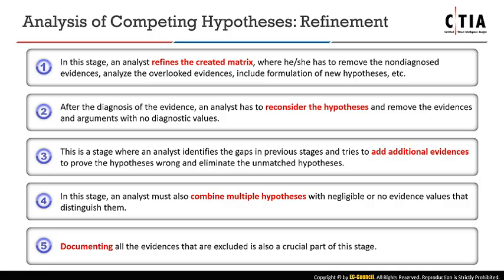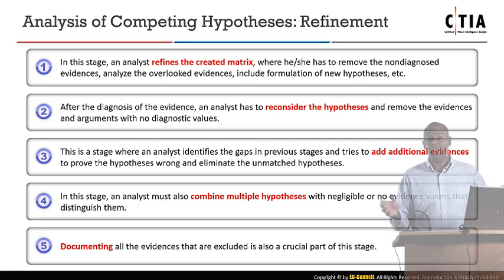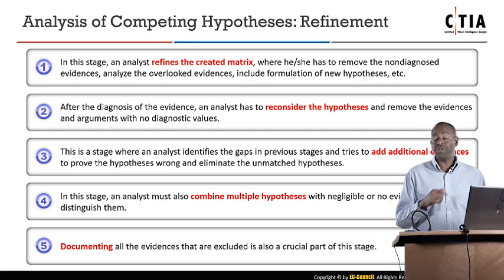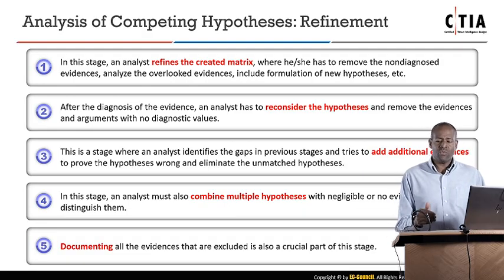So, we talk about looking at hypotheses that really are not relevant to where we're going to be going, to our overarching hypothesis that we're going to come up with, right? So we have these other hypotheses that we have with negligible or no evidence. Are we just going to write them off? Are they going to disappear? No, those too are going to be in the documentation. In the documentation, we need to know where the analyst was coming from, where our analysis came from.